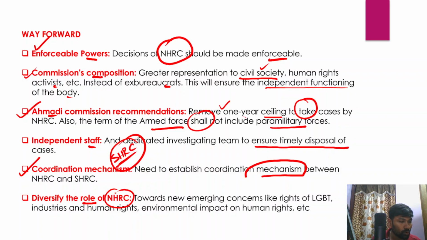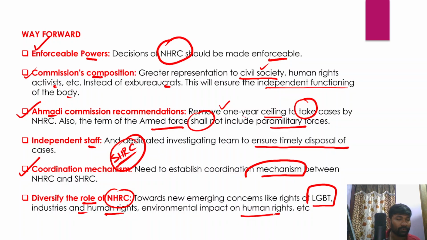Diversification of the role of the Human Rights Commission, so it essentially deals with concerns like rights of the LGBT community, industries, child labor, bonded labor, exploitation of women, sexual harassment of women at workplaces, and environmental impact on human rights.